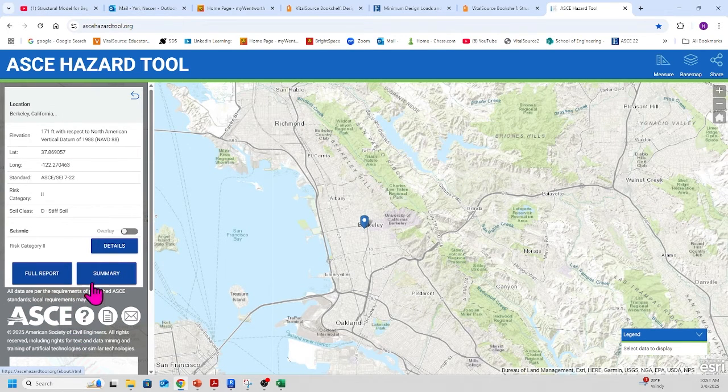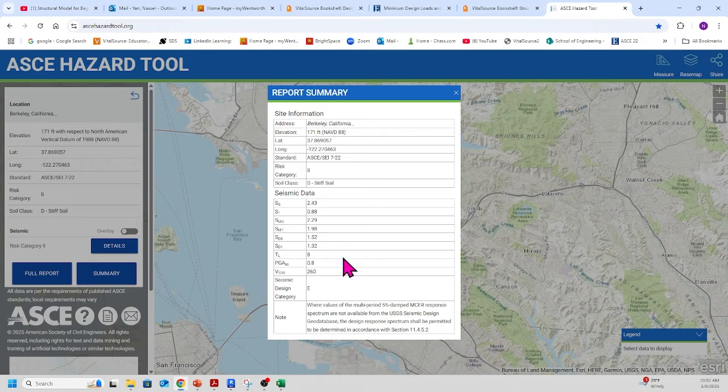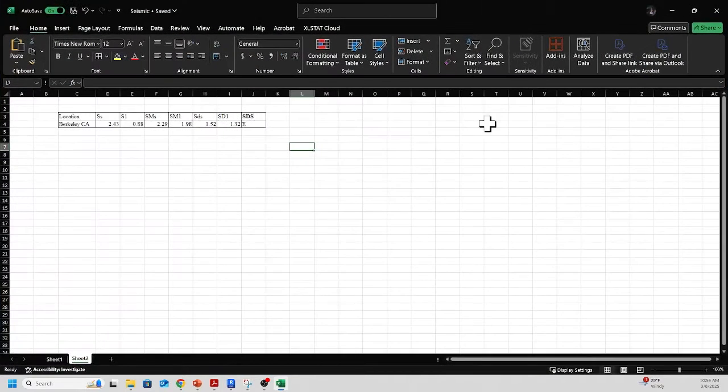Okay, let's look at the summary. Here's some of the stuff we would like. I'm going to copy all of these over to my spreadsheet. We can see right here that they already figured out the seismic design category E. That's what we're looking for. We also write down all these values, which I copied over and put on my spreadsheet. So our site is SDS, category E.